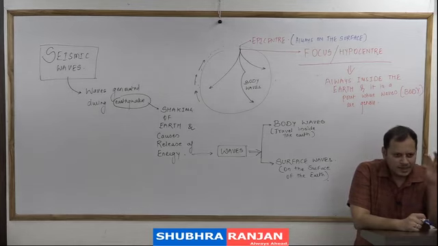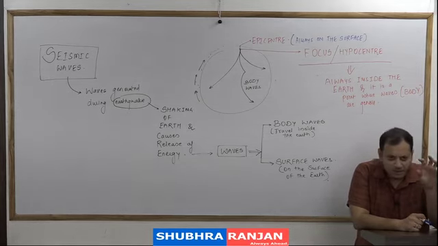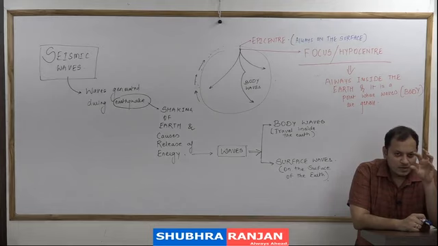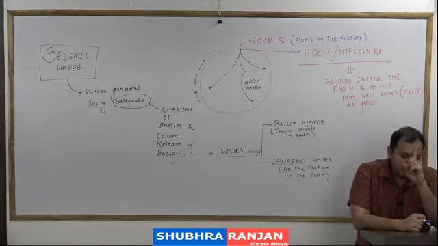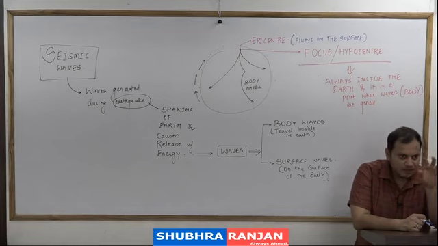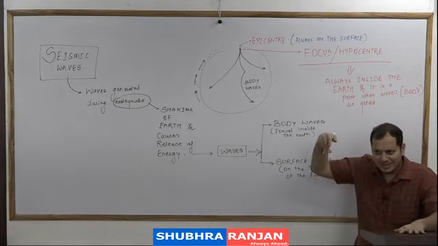This part is a little technical. So now the body waves which are there, depending upon their speed, depending upon their property, are of two types. Body waves are passing through the inside.